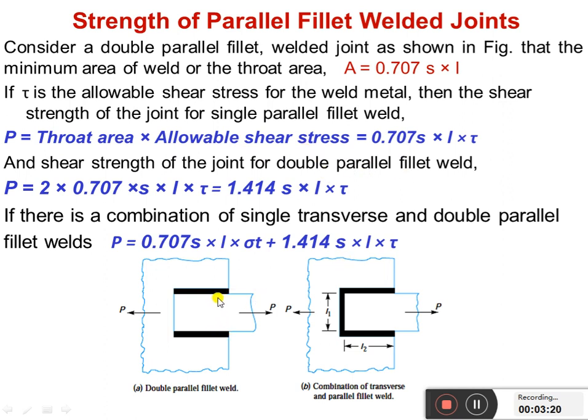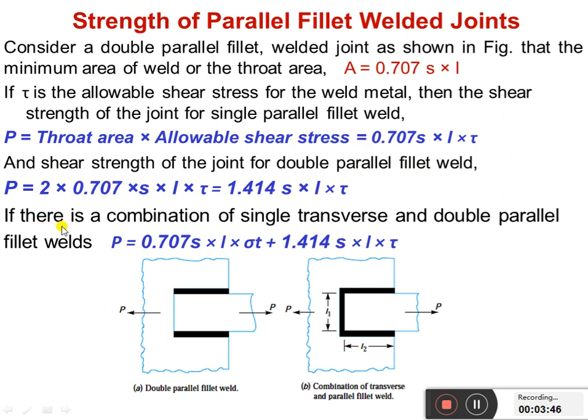So the weld plane will have a shear stress, induced shear stress. So 0.707 S into L into tau, and the shear strength of the joint for a double parallel fillet weld. If we multiply it by 2, we get 1.414 S into L into tau. So that is for double parallel fillet weld.